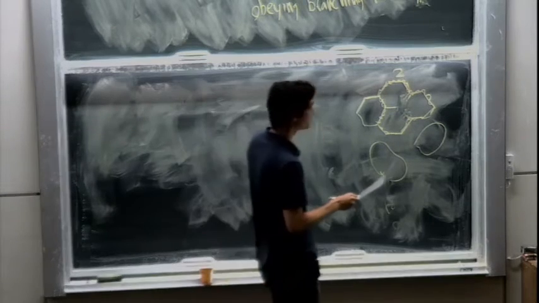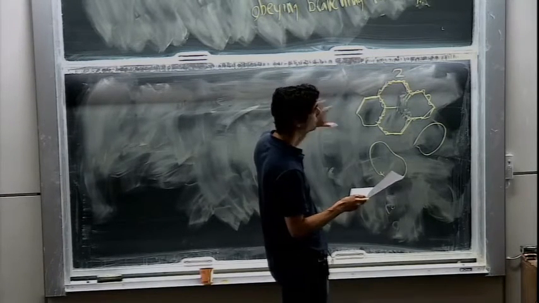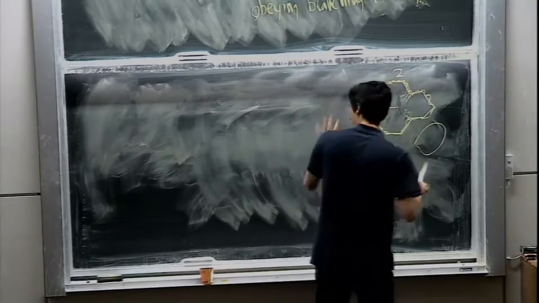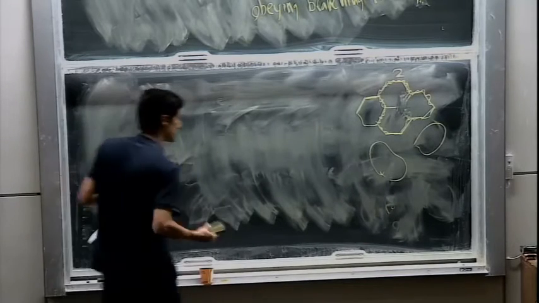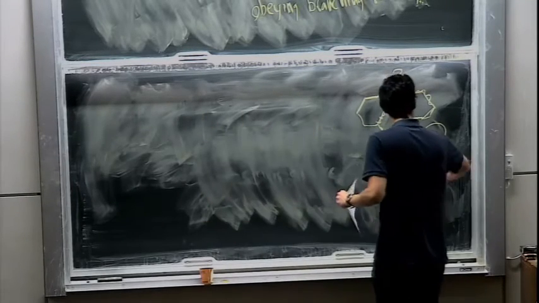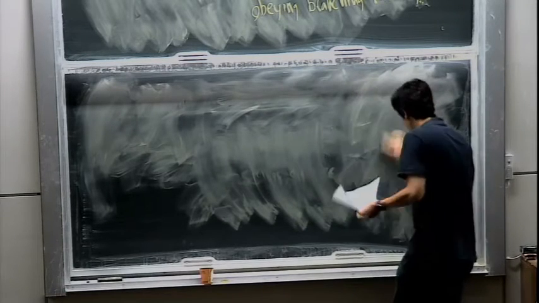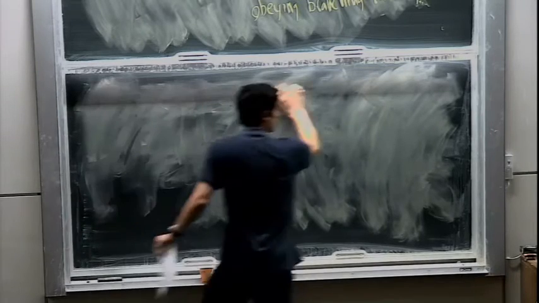I'm not going to just write down the Hamiltonian the way I did with the toric code. I'm actually going to first write down the ground state wave function. And after I have the ground state wave function, then I'm going to tell you how to write down the Hamiltonian which has it as its ground state. Because I'm working backwards like this, that's part of the reason why I'm telling you all this language before I write down the very explicit model.